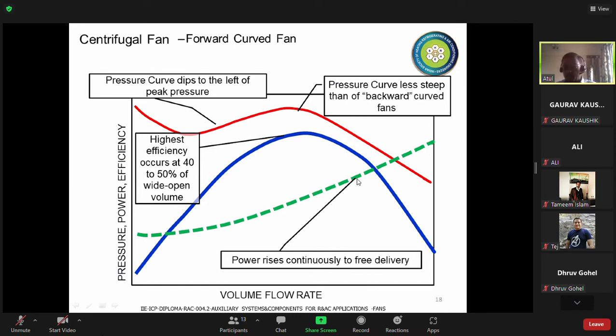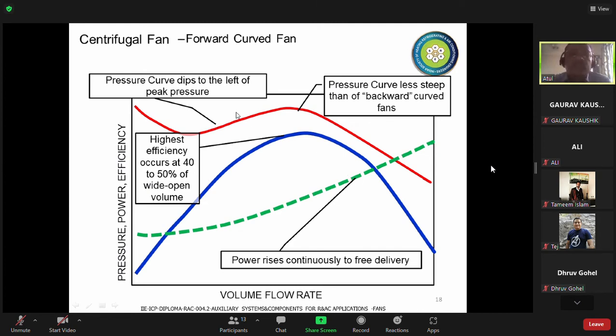The second thing is the safety requirements. The forward curve fan must come with sufficient safety for tripping the power. If the power demand increases beyond a certain value, it must be associated with motor safety features. Otherwise, the motor will get burnt.